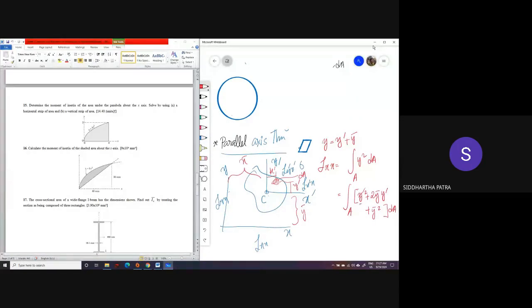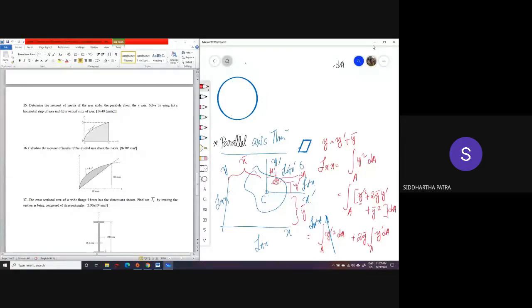Now the first term will give you integration of y prime squared dA over A. This is nothing but I x prime x prime. The next quantity, I'll come to that in a minute, is twice y bar integration over A of y prime dA.